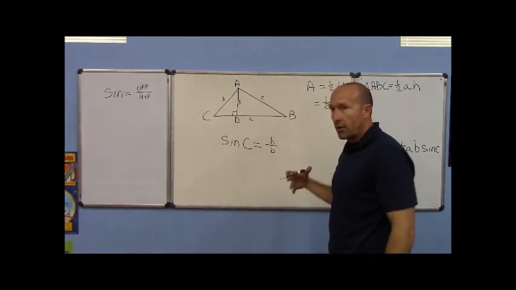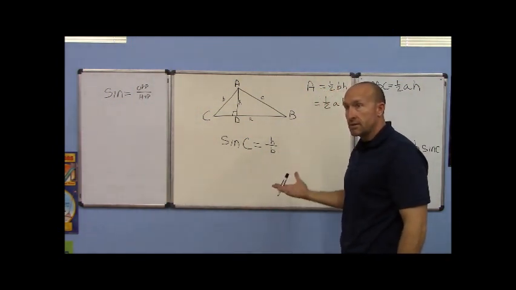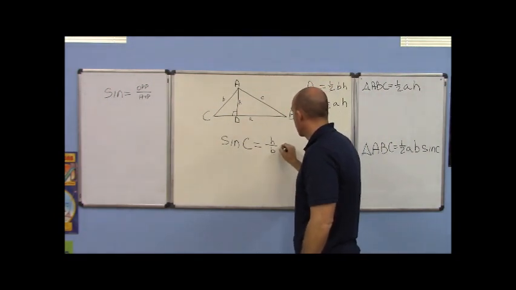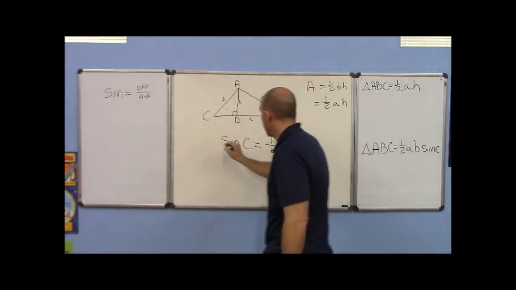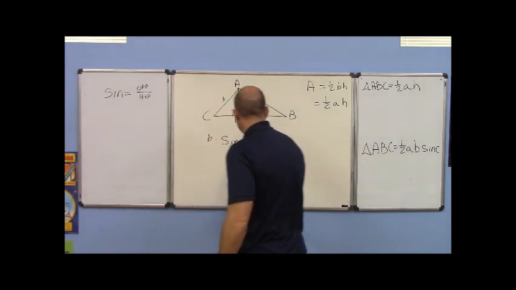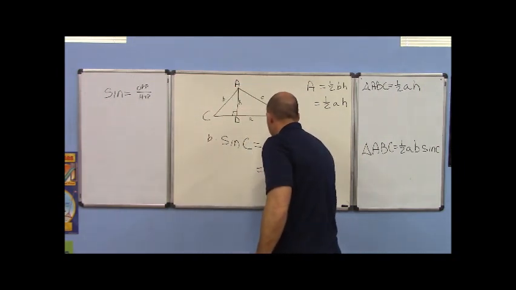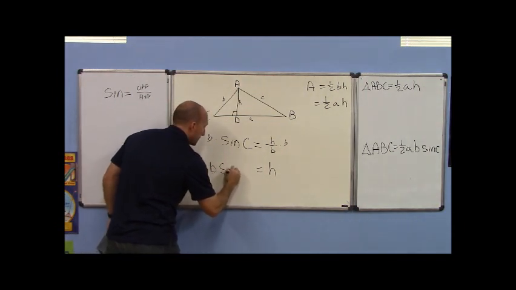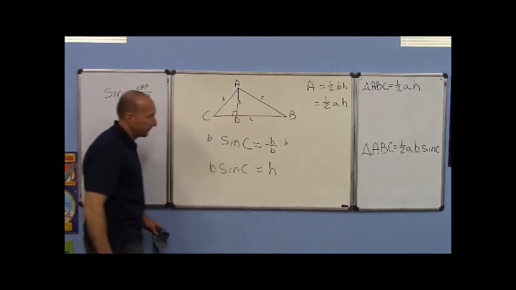Let's solve for H and discover what its value is. Well, by doing that, we take the inverse operation and multiply both sides times B. So then H will equal B times the sine of C. Okay?